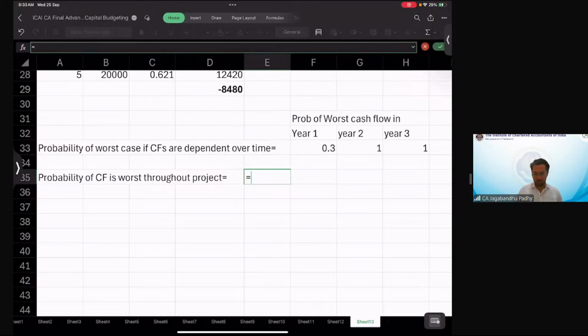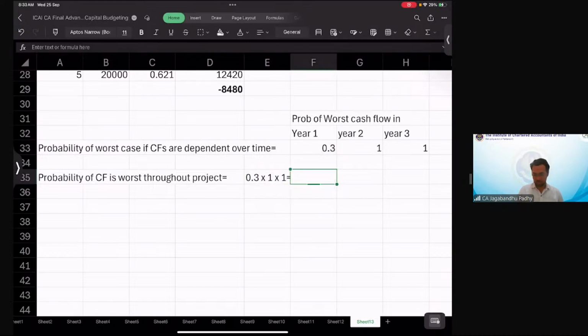If it is throughout the project, we can say it is simply 0.3 into 1 into 1. So that's answering to 0.3. Right? So 30% chance that you will face worst situation throughout the life of the project if we have this as 0.3.